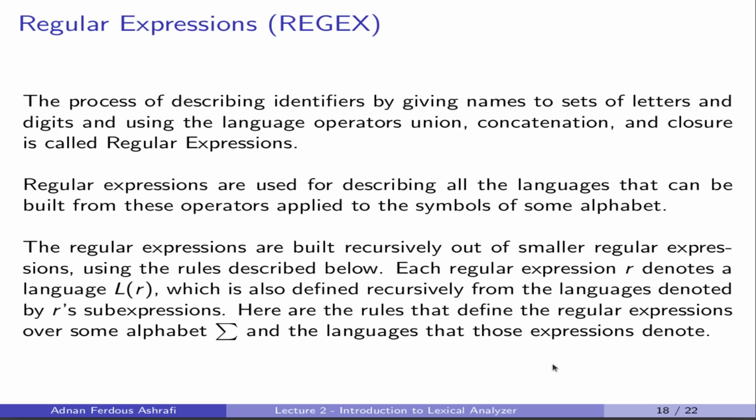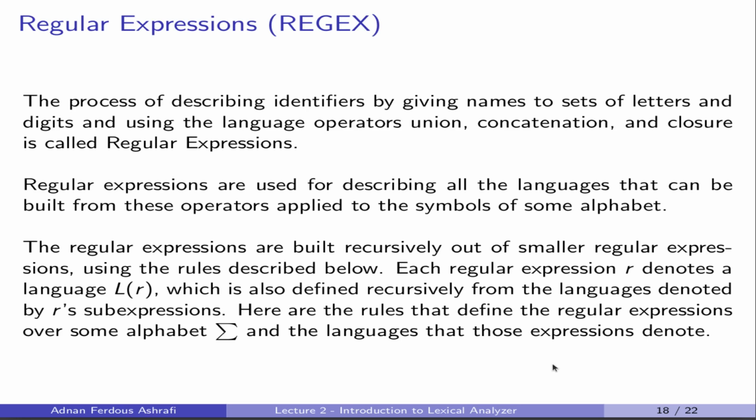Regular expressions are used for describing all the languages that can be built from these operators applied to the symbols of some alphabet. The regular expressions are built recursively out of smaller regular expressions using the rules described below. Each regular expression R denotes a language L(R), which is also defined recursively from the languages denoted by R's sub-expressions. Don't worry about it, we will look into it in detail in upcoming slides.